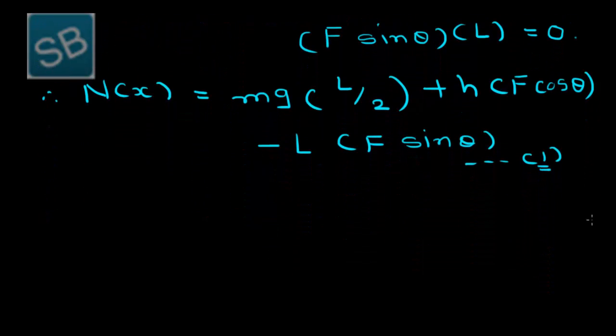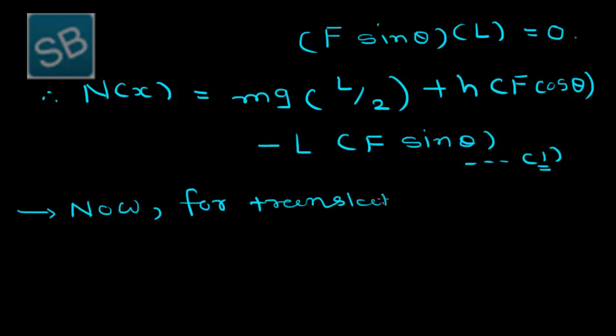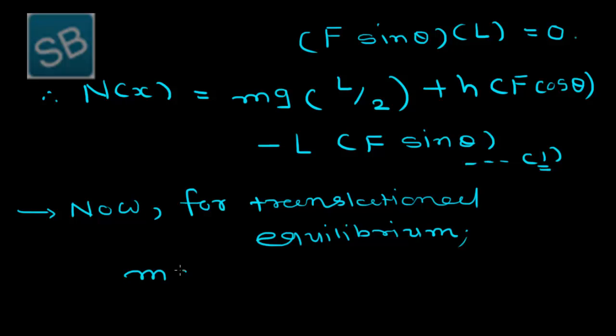Now for the translation equilibrium stage, we have one relation that mg is equal to N plus F sin theta.